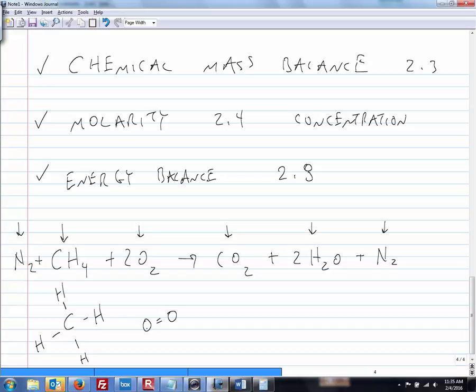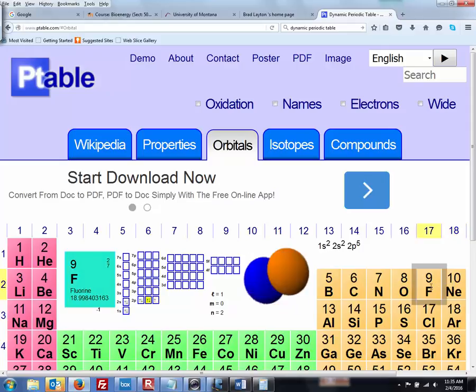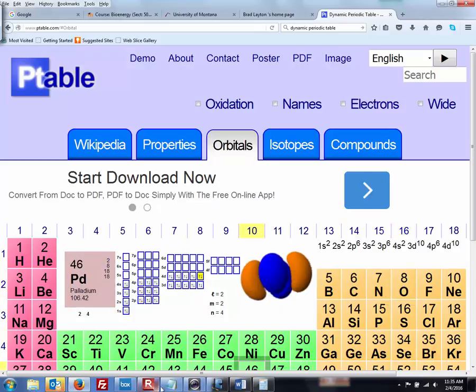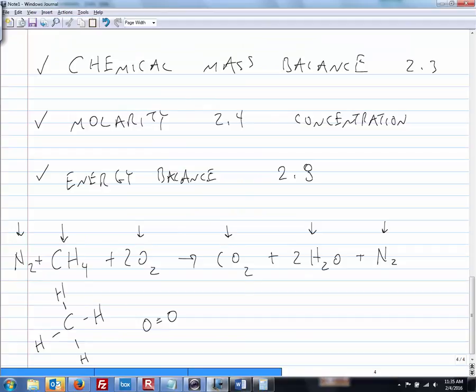So it can get up to that neon, right? Because if you look at neon, it's full. 2 in the 1s, 2 in the 2s, and then the full 6 in the 2p. Then marching down, fluorine's missing 1, oxygen's either, you can think of it 2 ways, either missing those 2, or it's got the 2 extra. And that's why I've drawn this, like so. Those are the 2 oxygen bonds.